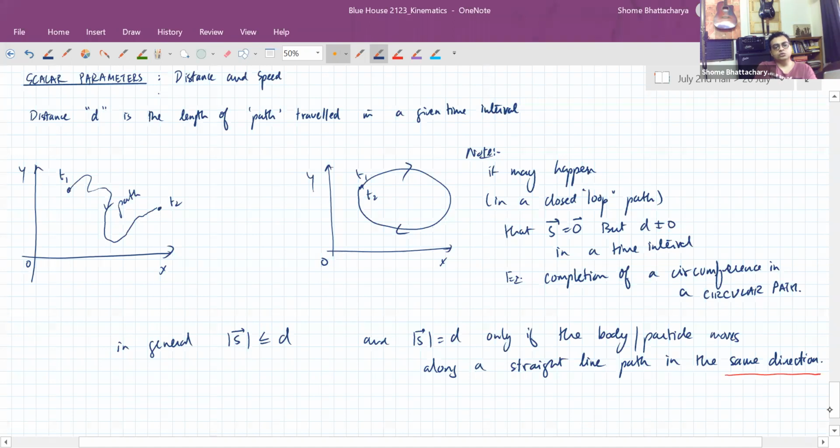So those would be the experimental ways of measuring distance. So distance, though it's a scalar quantity as opposed to displacement, which is a vector quantity, is actually a little bit more complex compared to displacement. Displacement is very simple. It is R2 minus R1.